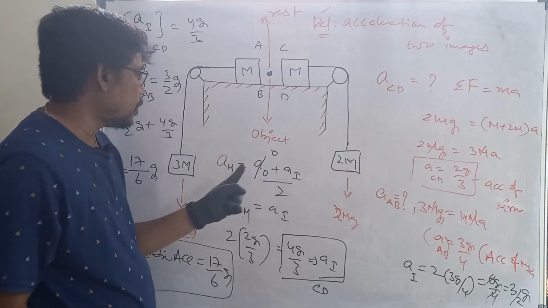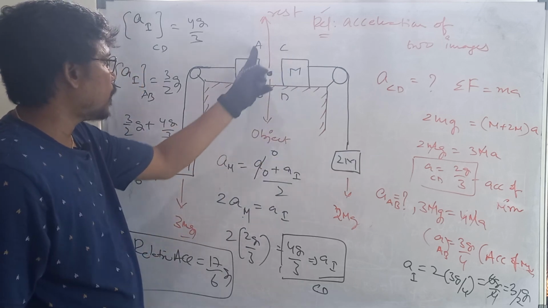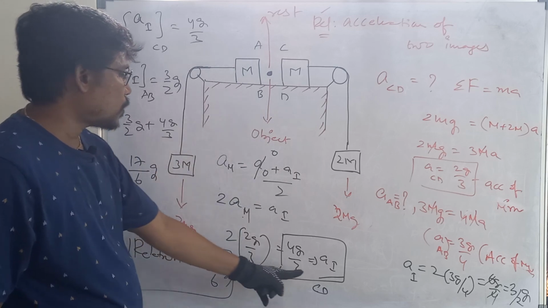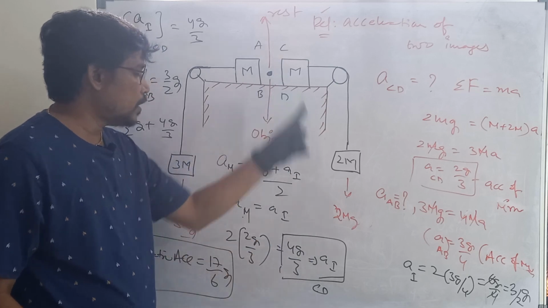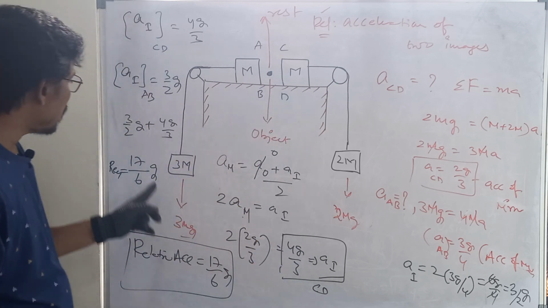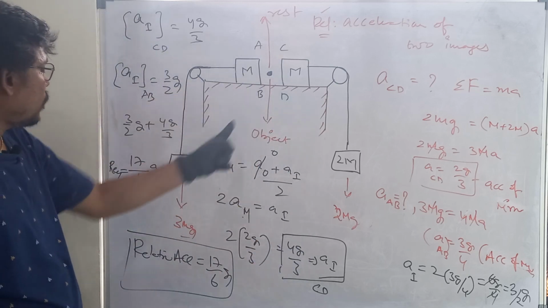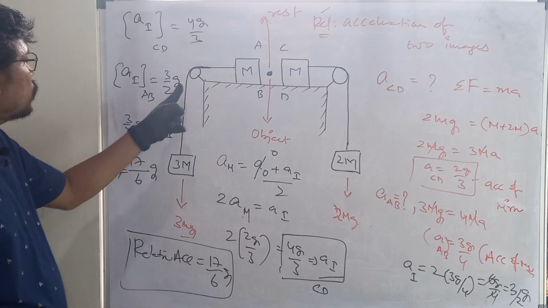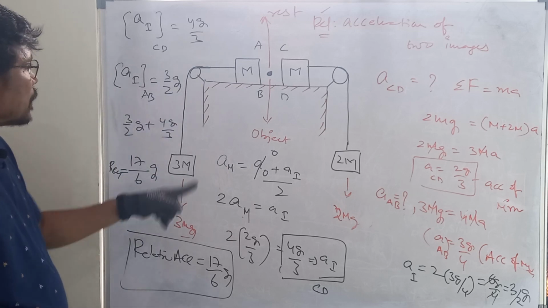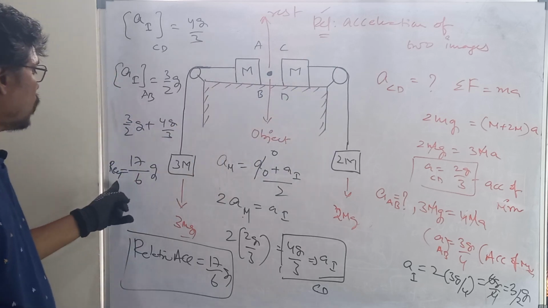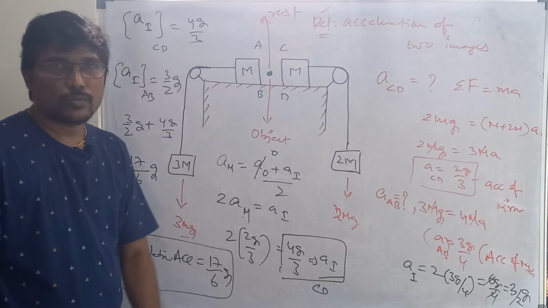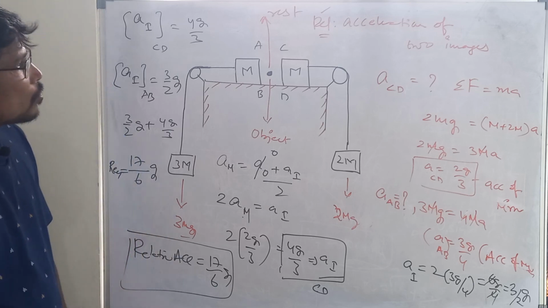Image acceleration for CD is 4g by 3, and for AB it is 3 by 2 g. Both are in opposite direction, so the relative acceleration is 17 by 6 g. I hope you understand. So note down.